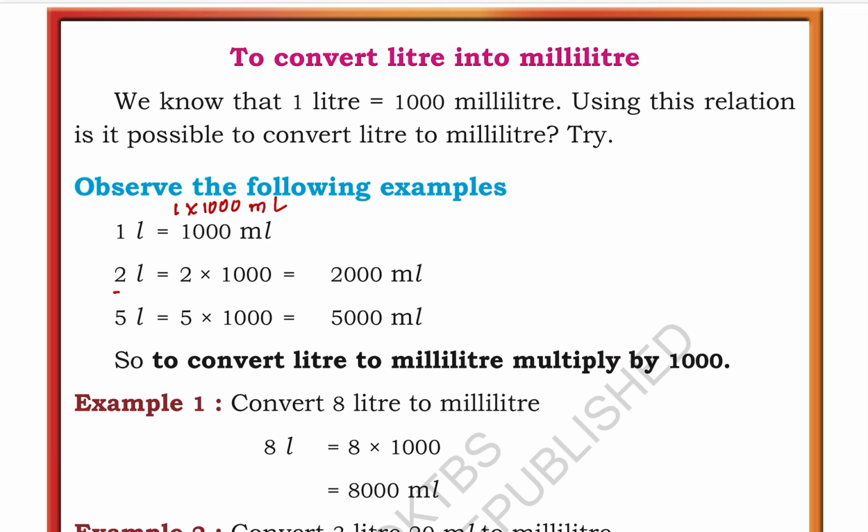If you want to convert into a smaller unit, which is milliliter, then we have to multiply that number by 1000 to convert it into a lower unit. What is the lower unit? Milliliter.